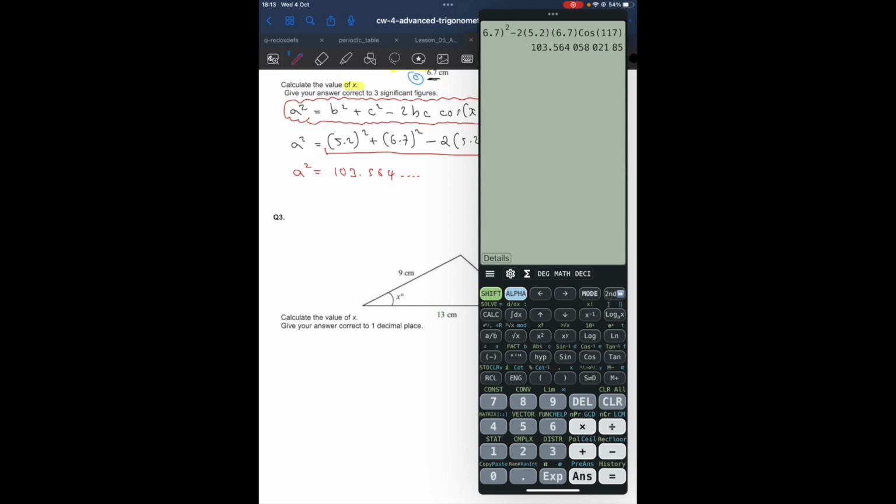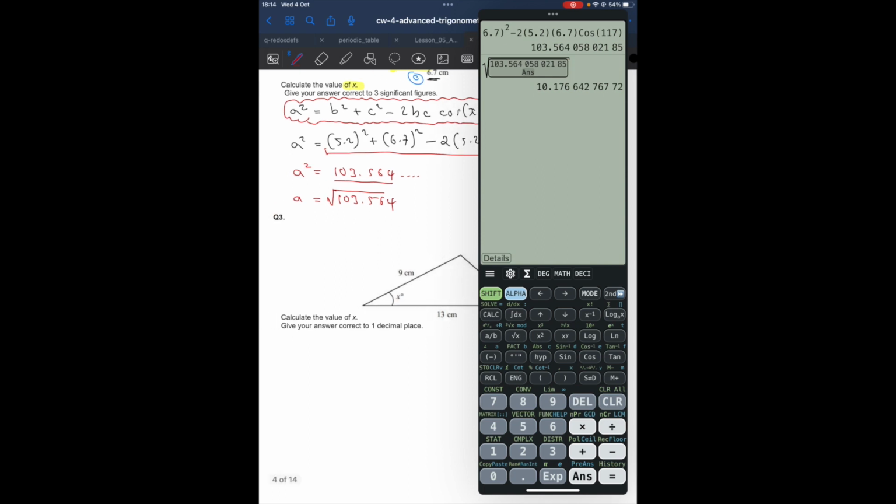Sorry, A squared rather. Now, the last thing we have to do, we need to get A on its own, so we have to take the square root of this value. So our next line of working is we're going to take the square root of that 103.564. We can again use the answer button on the calculator, so we can just type in square root answer, which takes the previous value and puts it in.